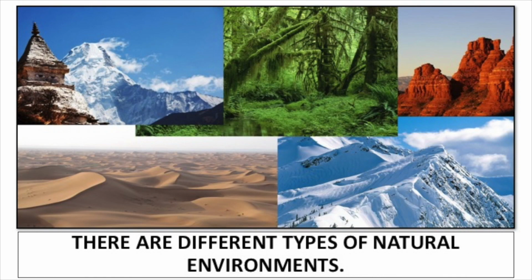There are different types of natural environments. So now we're looking at natural environments, not man-made anymore. Man-made are mainly the cities. Let's have a look at some natural environments.